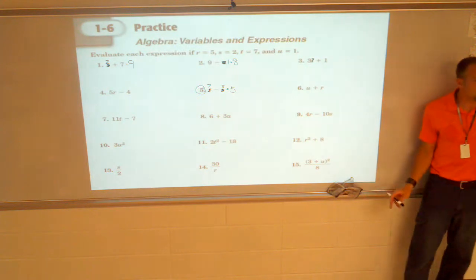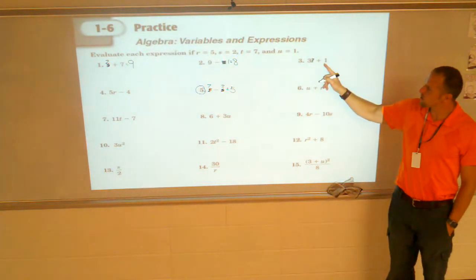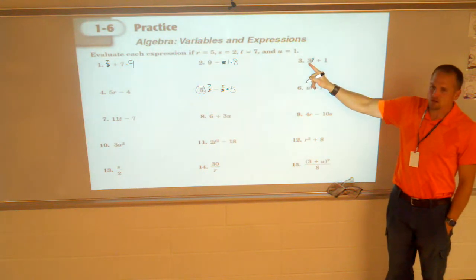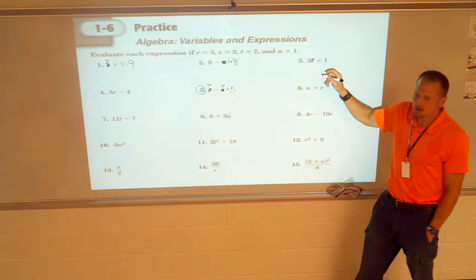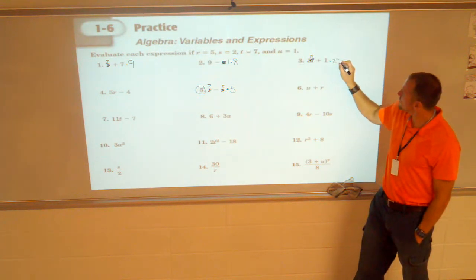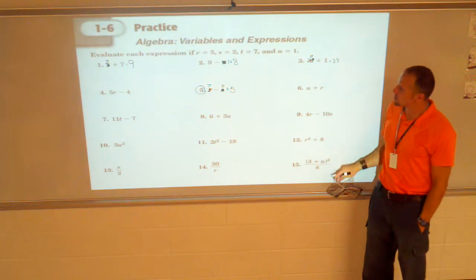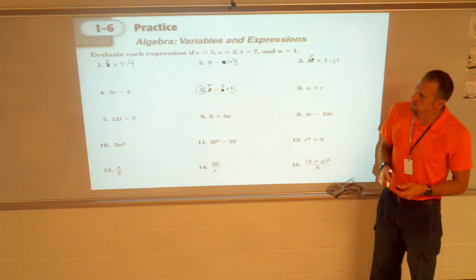Now, order of operations still matters. So no parentheses, no exponents. Multiply, divide is first. 3 times 7. Bailey, what's 3 times 7? 21. Plus 1? 22. So our answer is going to be 22. I would like for everybody to do number 4.